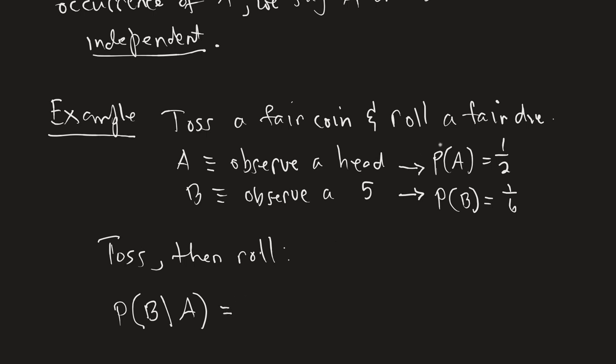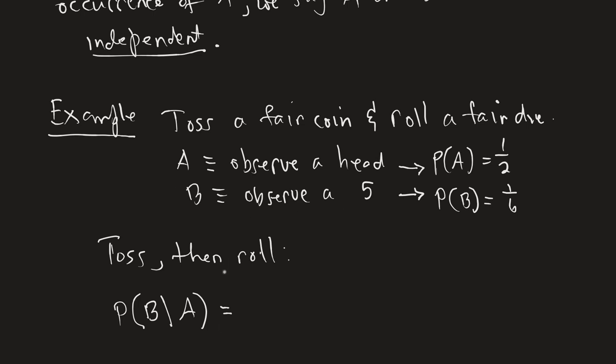So regardless of what happened when we tossed the coin, heads or tails, it doesn't change the likelihood of the occurrence of a 5. Because as far as rolling the die is concerned, the sample space still consists of 6 elements, and still only one of those 6 is what is defined in this event.